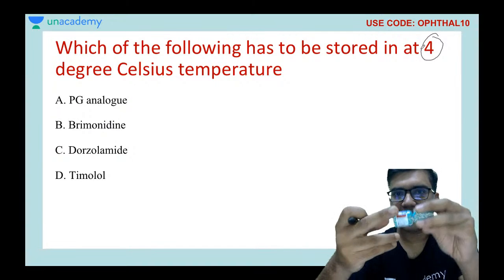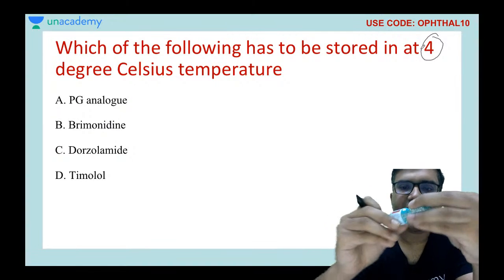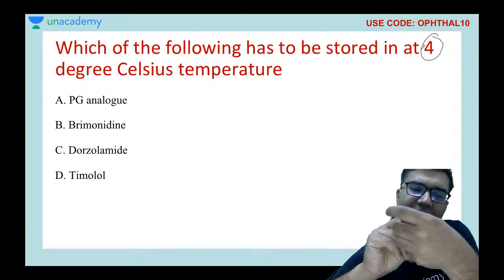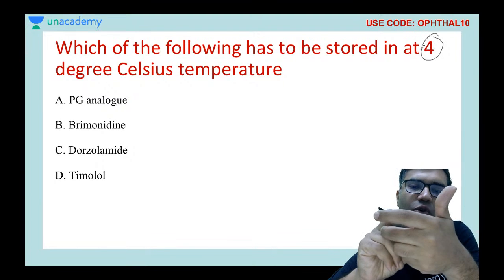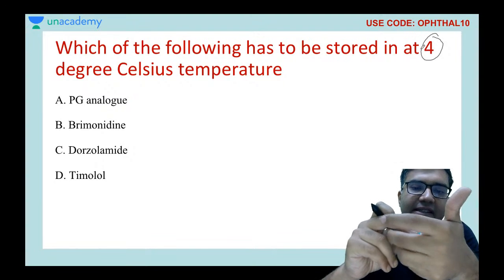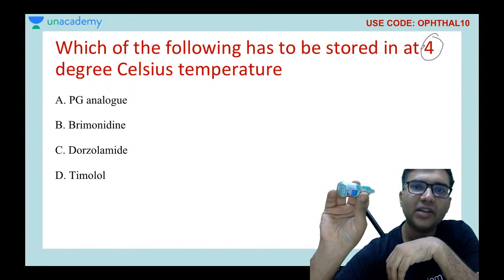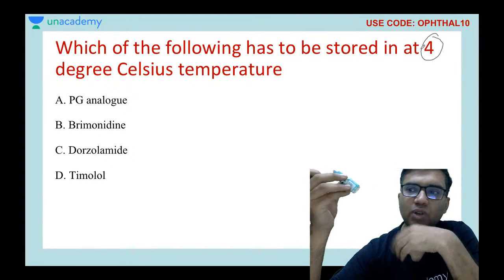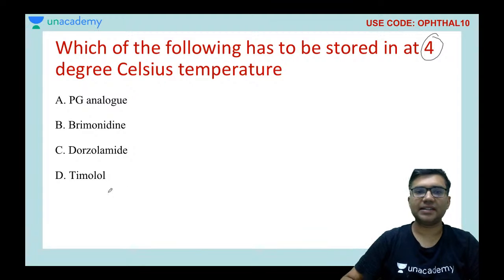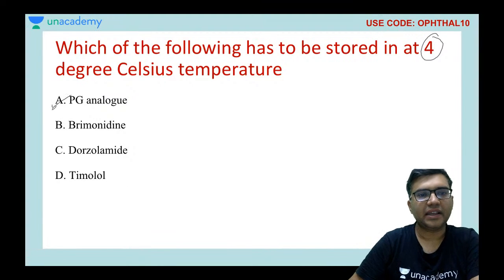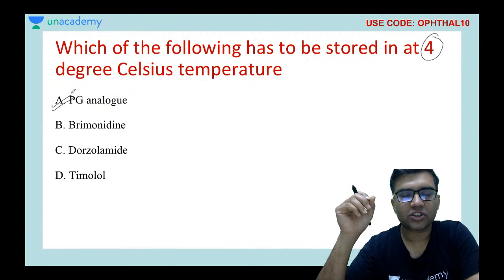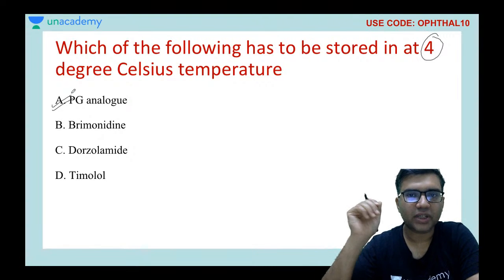In the area where the instructions have been written, it is always written that you should store it below 25 to 30 degrees Celsius and protect it from light and moisture. But one drug which you have to put in the cold chain, the answer there is A, that is PG analogs, because they are not stable at room temperature.